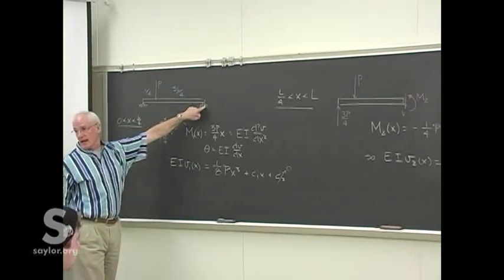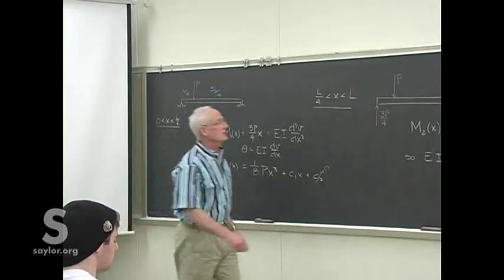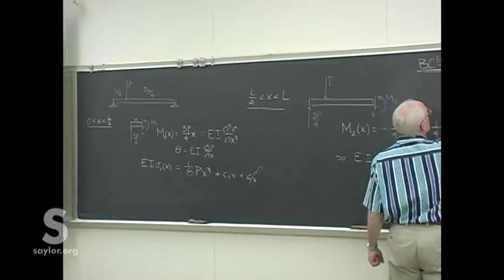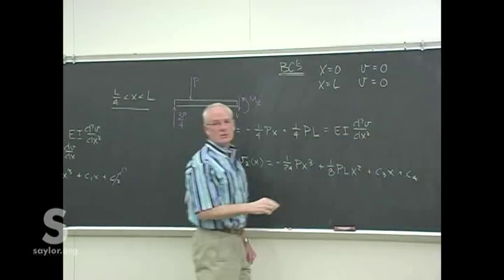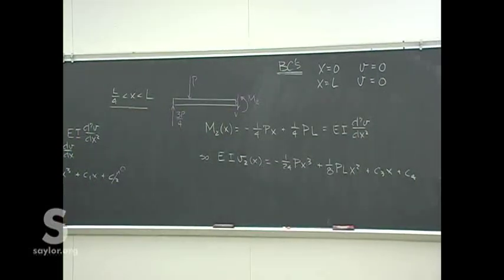At x equals L, V is also 0. So those are the two obvious ones, just due to the supports. Any ideas for the other two boundary conditions we need to solve for the two remaining? Actually, we still need 2.